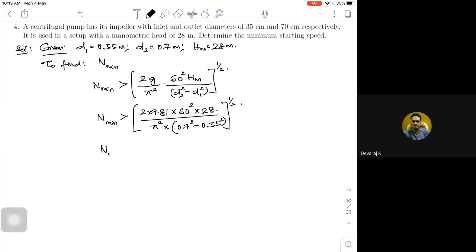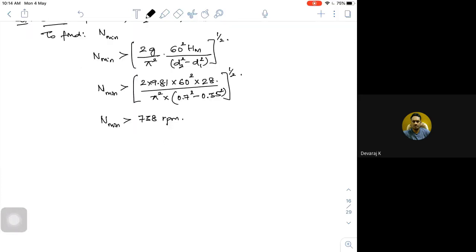If I substitute everything in my calculator, I'm getting around 738 RPM. See, unless the pump rotates at 738 RPM, no head is developed. So what is the speed with which the pump has to rotate? The pump has to rotate at a speed more than 738 RPM.